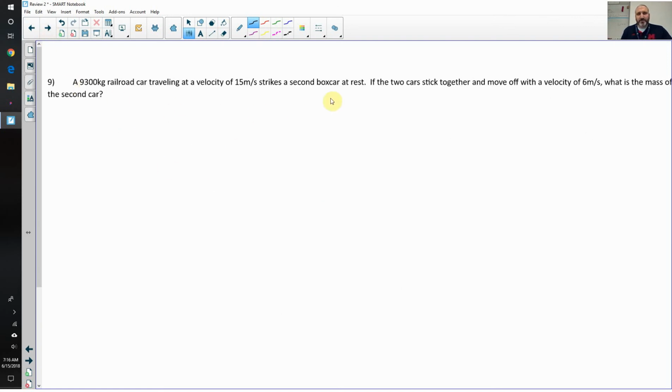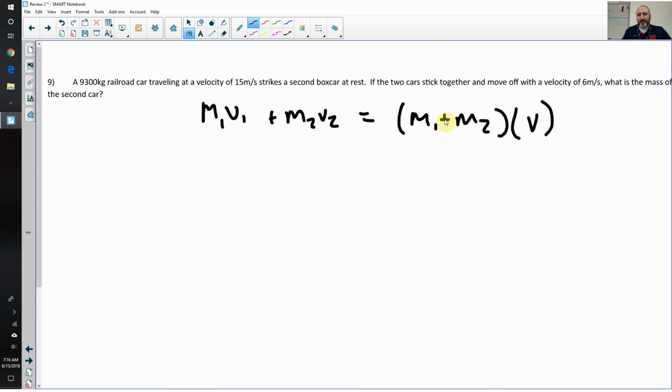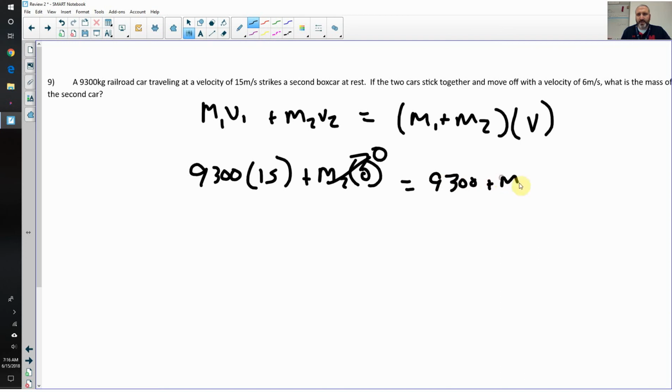And now we're going to go to another railroad car, and they do stick together. They lock together, and then we can figure out something about the second car. So again, I'm going to use M1V1 plus M2V2 to start, but now M1 plus M2 times V to end. The idea here is both cars stick together. So 9,300 times 15 plus some second car at rest, so that all is going to equal 0, equals 9,300 plus M2.